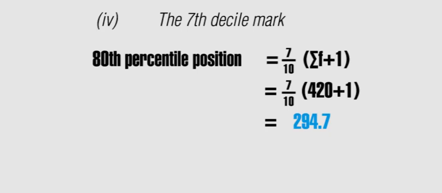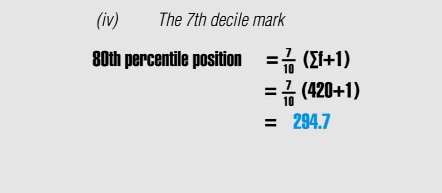To answer this question, decile means dividing the data into 10 equal parts. And in doing that, what we need to do is to divide 7 by 10. Then we multiply the result by sigma f, that's the total frequency, plus 1. When you do this, this will give you the position mark for the 7th decile.